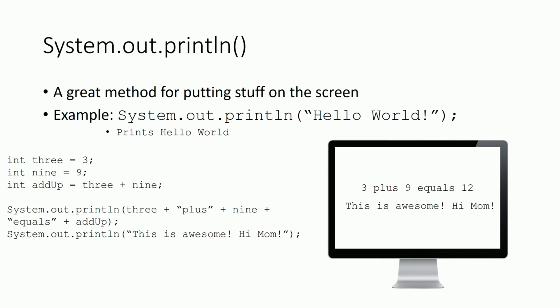And on the screen, it will look like that on the right. 3 plus 9 equals 12. So those plus signs will string everything together in that specific print line and give a nice format on the right there. So it looks very nice, and that way we don't have to worry about, again, trying to write our own method to do that. So very cool and very powerful there.